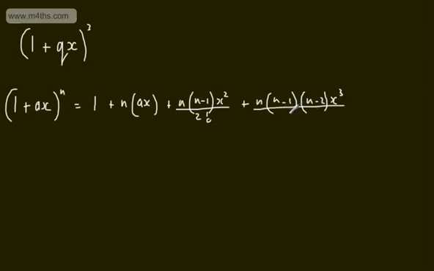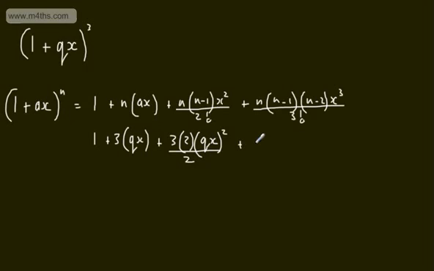Now 2 factorial is 2, 3 factorial is going to be 6. So in this expansion, we'd simply have 1 plus, and n is going to be 3, so we'd have 3 multiplied by qx. Then we have 3 multiplied by (3 minus 1), which is going to give me 2, then our term qx. We square that bracket and divide by 2 factorial. 2 factorial is just 2 times 1, so that's going to give me 2.